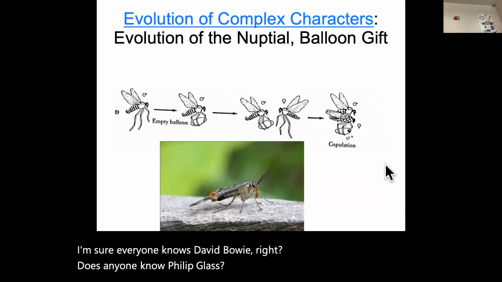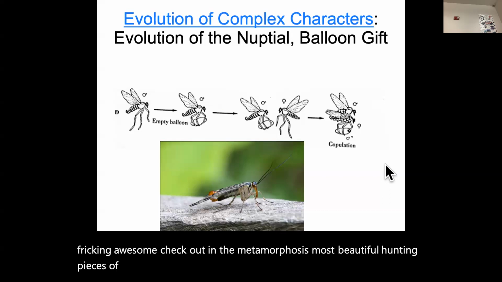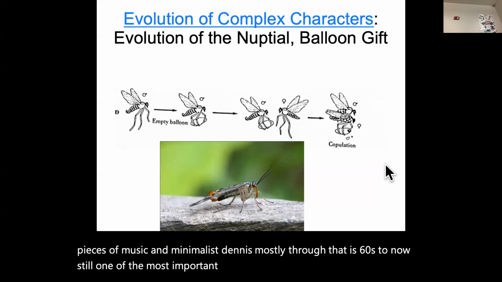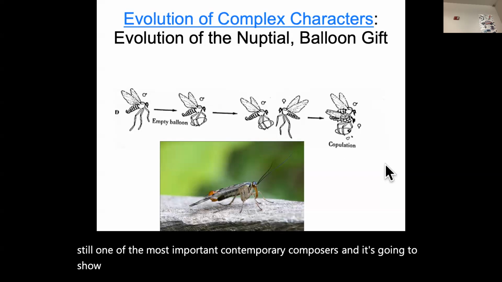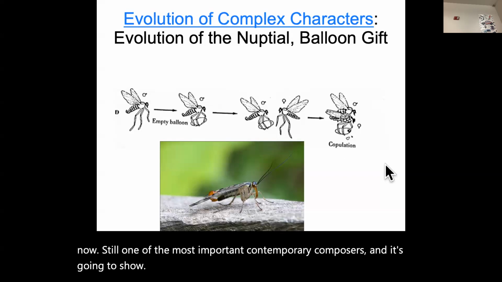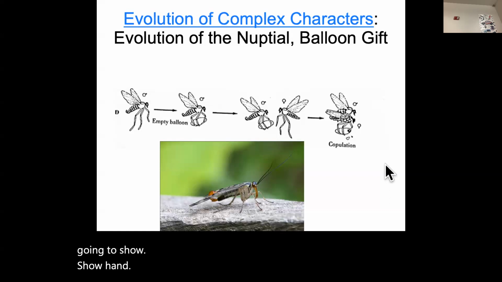Freaking awesome. Check out Metamorphosis, one of the most beautiful, haunting pieces of music, a minimalist pianist, mostly through the 60s to now, still one of the most important contemporary composers. And it's going to be a weird show, but she'll hate it, which reinforces how much she likes me. So, yay.